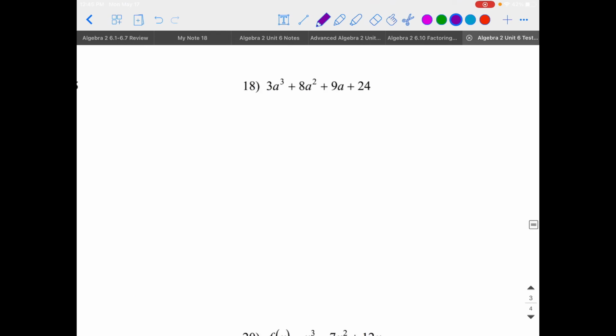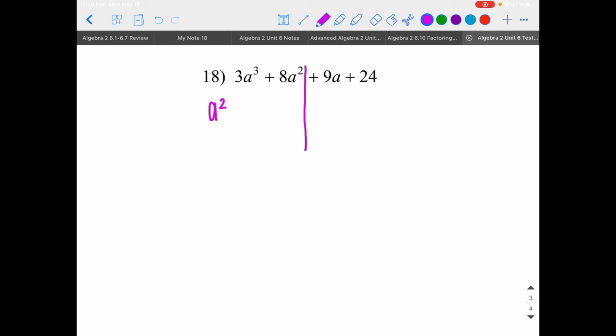Factor by grouping, that's where we draw the line down the middle, and we look at each side individually. So on the left, there's nothing that goes into both 3 and 8, but I can factor out a squared. And when I take out a squared, I'm left with 3a plus 8.